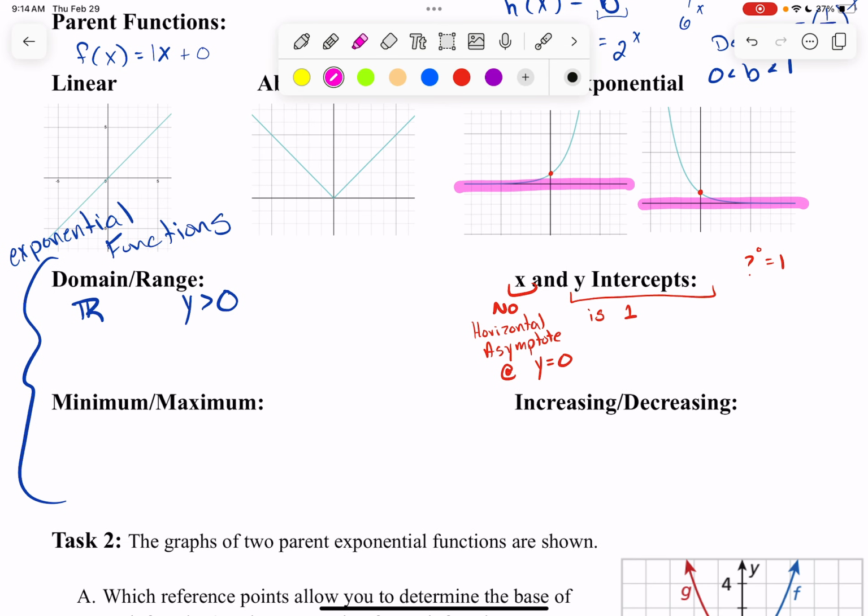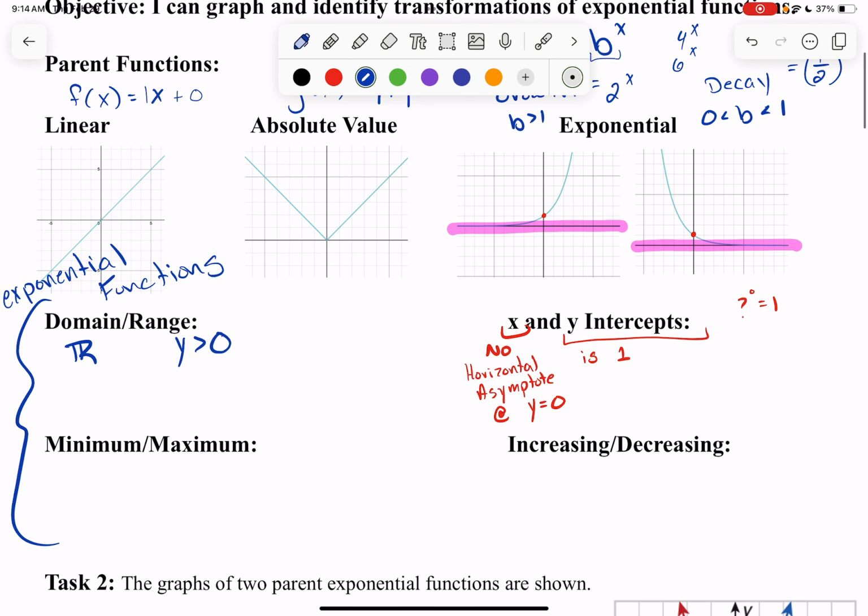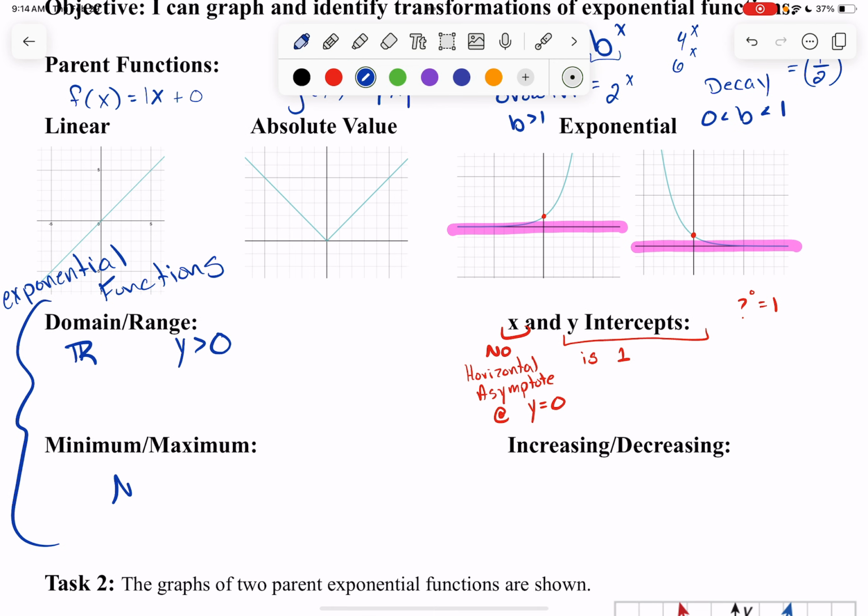Okay. Since it's always going up from left to right or going down from left to right, there is no maximum or minimum value. It keeps getting smaller and smaller and smaller. It never actually hits 0, but it keeps getting smaller and it keeps getting bigger forever. Okay, increasing or decreasing?